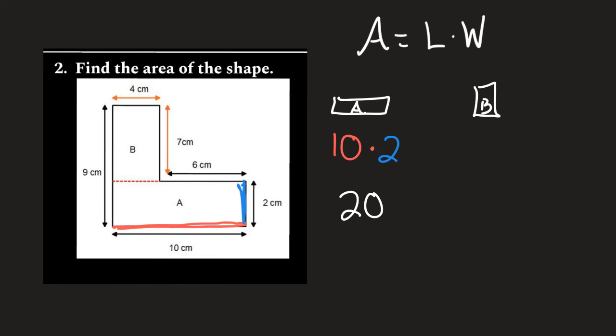I meant to write 10, sorry. And then if I do the same thing over here, my length here is 4, but my width is 7. It wouldn't be the 9 because the 9 goes all the way down. So we would do 4 times 7, which makes 28.